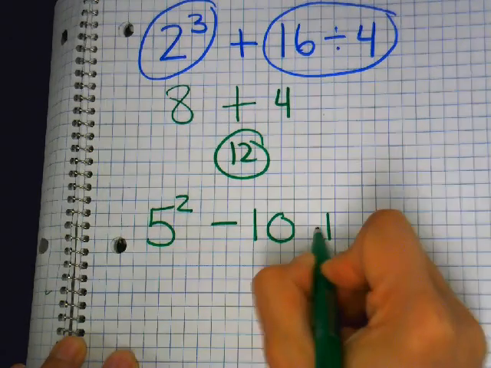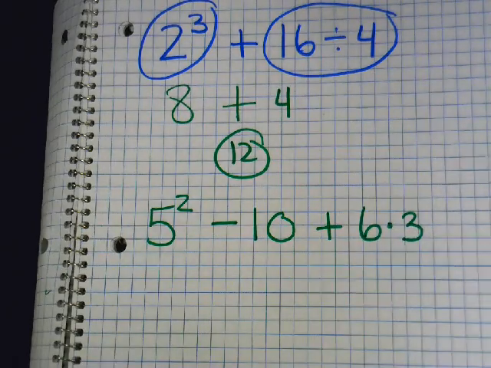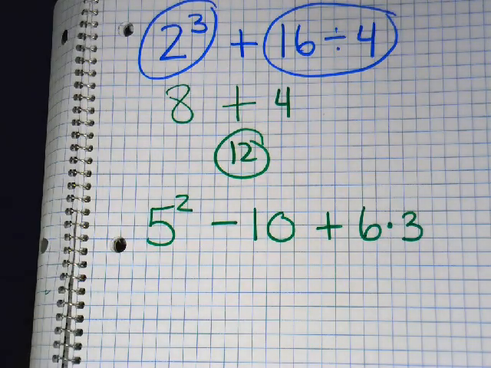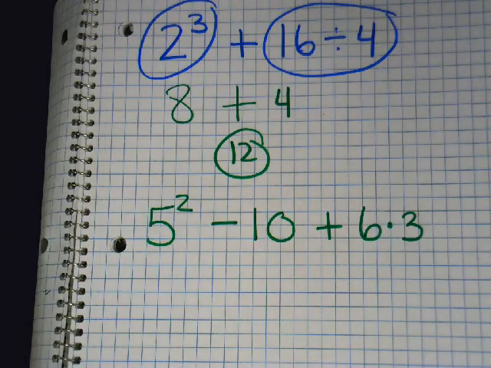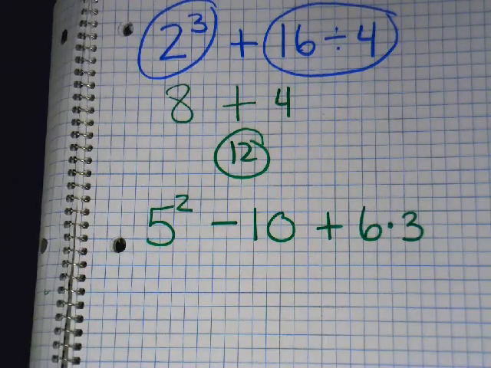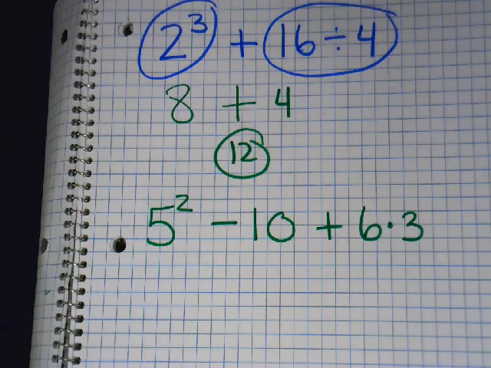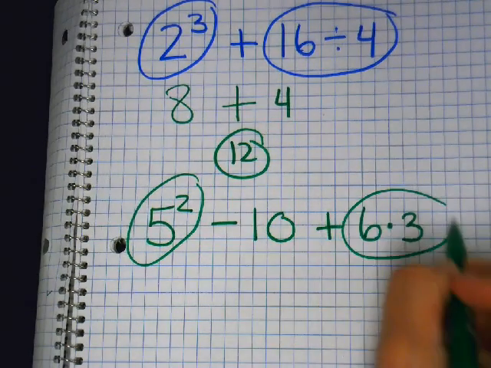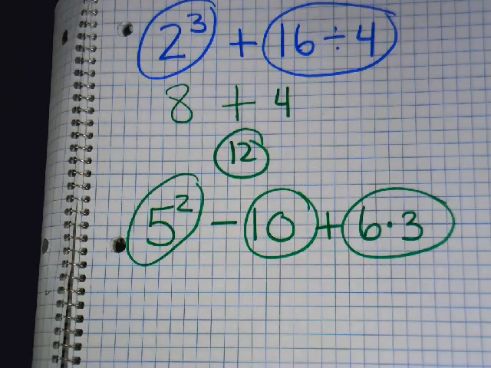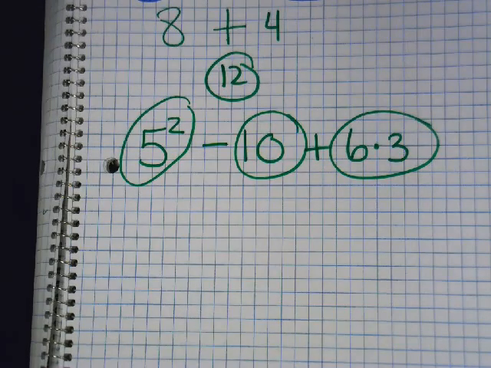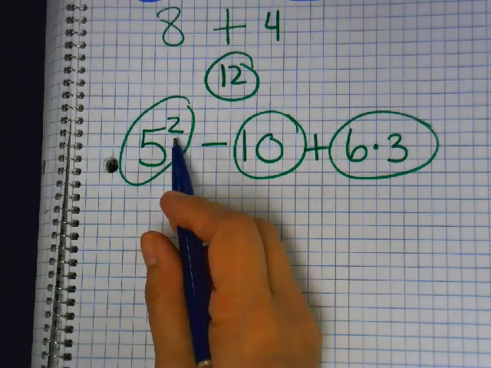5 squared minus 10 plus 6 times 3. What's 5 squared? 25.